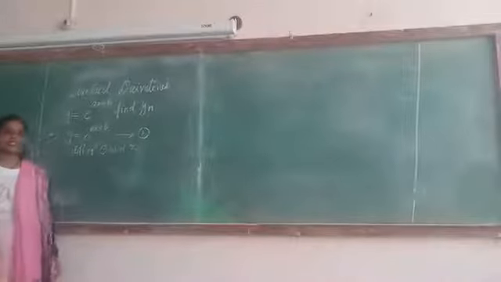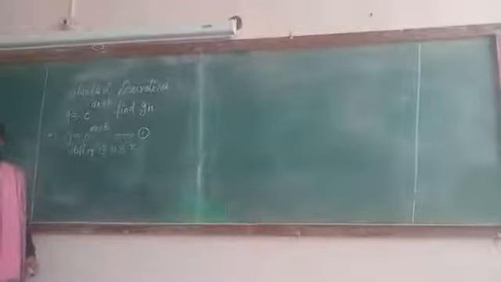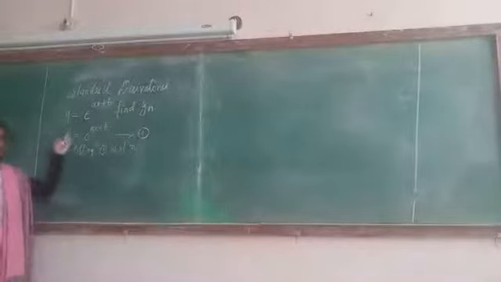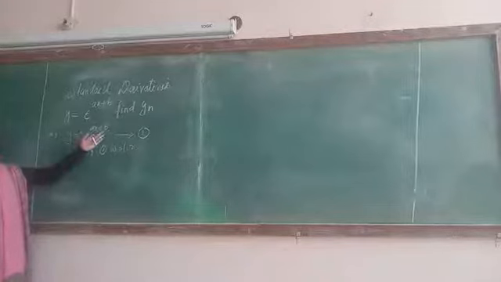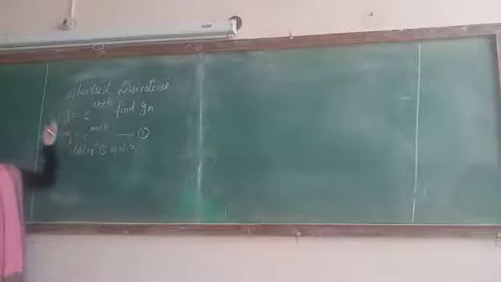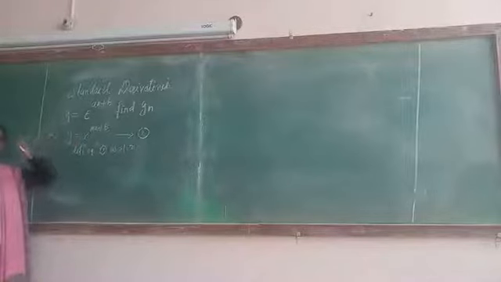As I said, we have to find successive derivatives here, that is, again and again we have to differentiate this function. So the given function is e to the power ax plus b, and we have to find the nth derivative. First derivative, second derivative, third derivative, and so on up to the nth derivative we have to find here.